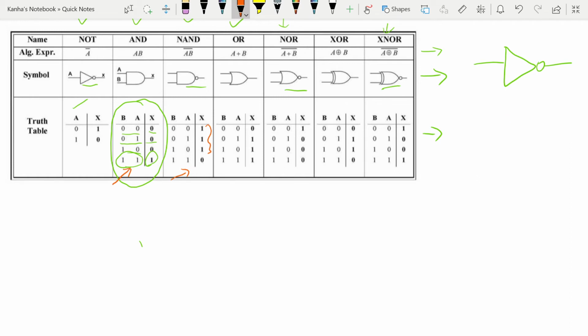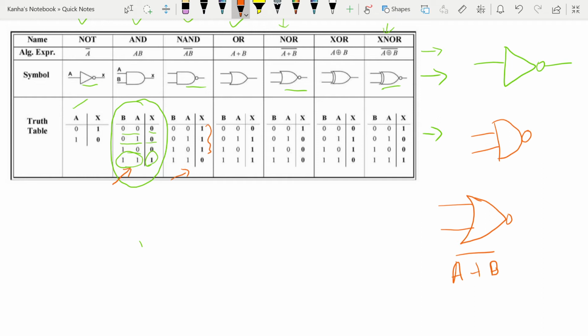So my NAND gate is represented by having a circle after the AND gate. Similarly, the NOR gate will have a circle after the OR gate. And what is NOR? NOR is nothing but A plus B and the complement of it.